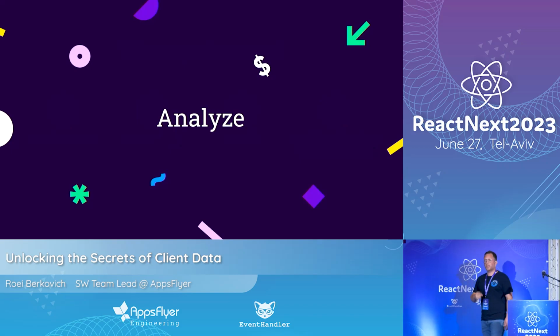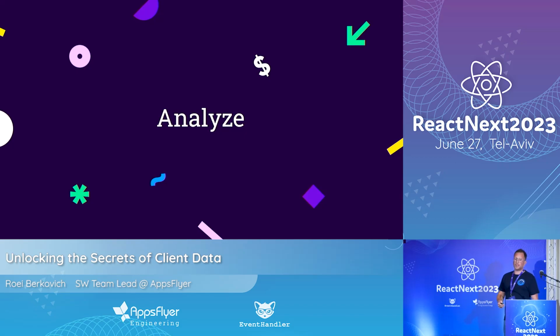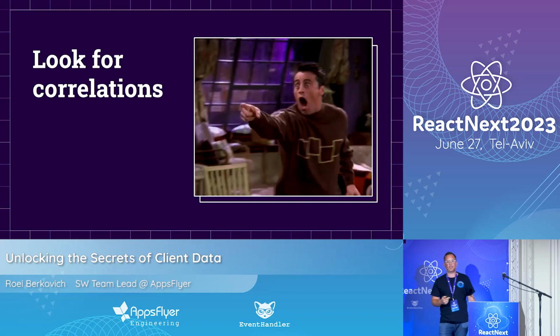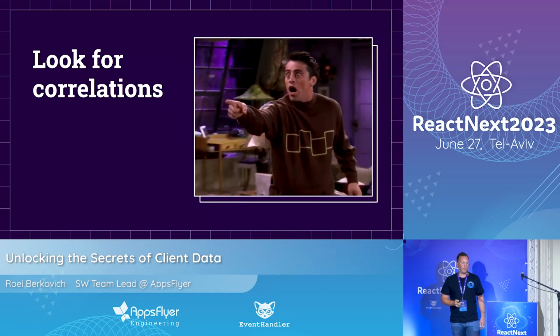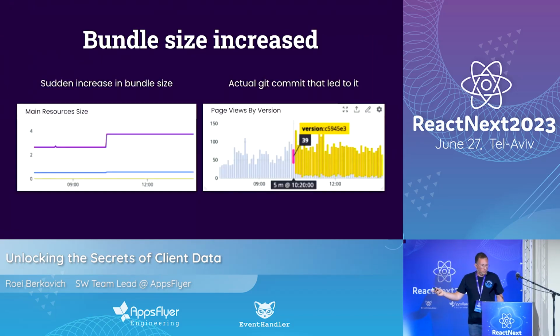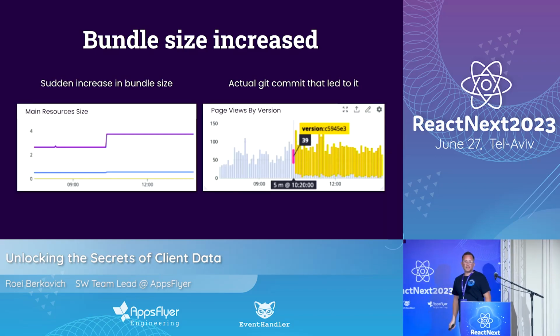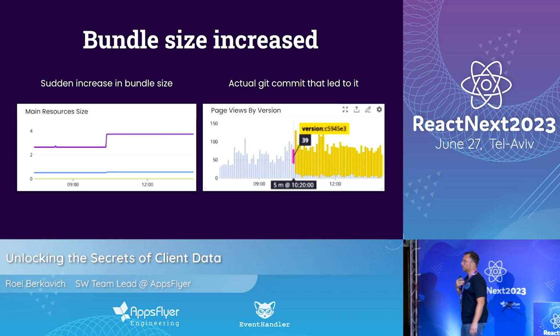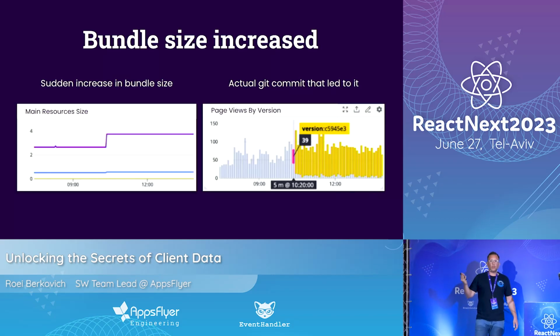Now that we have plenty of data and we aggregate a lot of data, we want to analyze the data. And we want to look for correlation between the data we just aggregated. For example, on the left, you can see a sudden increase in bundle size. Now, if someone comes to me and tells me, Roei, what happened?